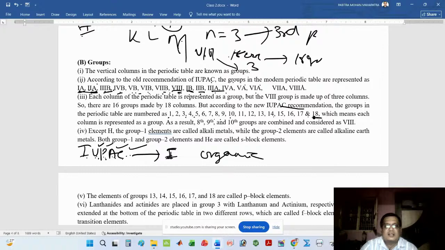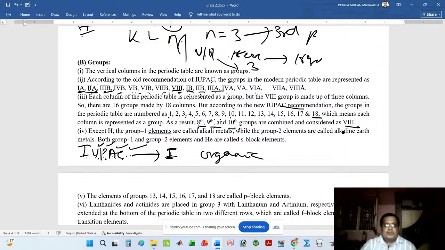Column number is equal to group number. If you compare the old and new recommendations, groups 8, 9, 10 are combinedly called the group VIII.